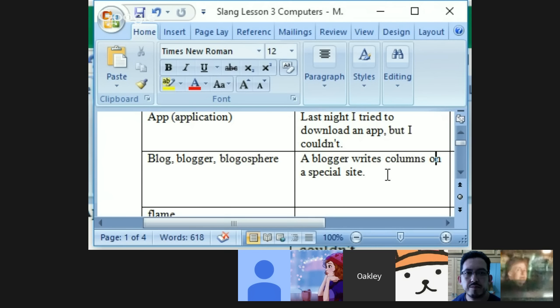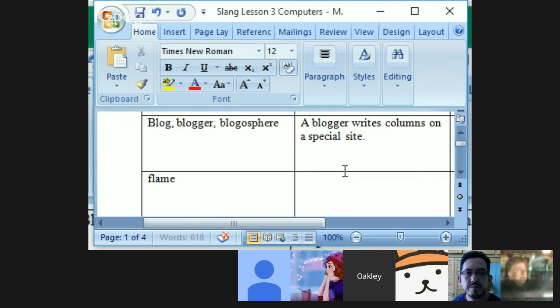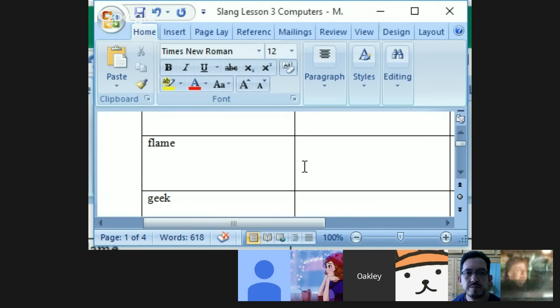Because they are writing the column inside that special website. So it does have the concept of inside, as well as the concept of on the internet, because websites are on the internet. That's a tough one, actually. It's an interesting problem there. Well, thank you. Actually, I like those kinds of interesting questions.